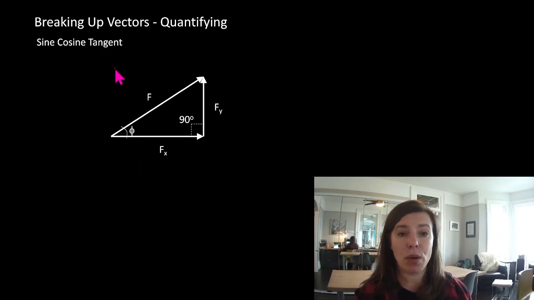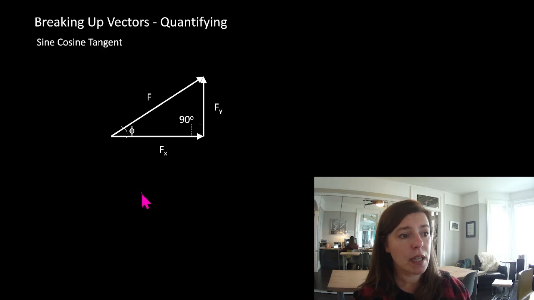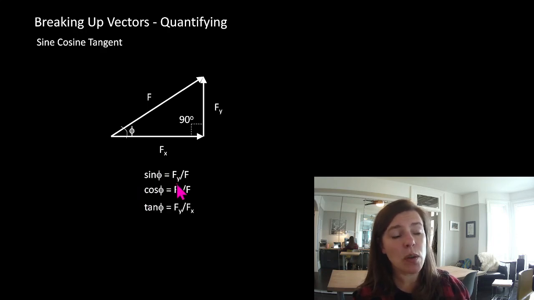So sine, cosine, tangent is really helpful for a right angle triangle. This is our opposite side, this is our adjacent side, and this is our hypotenuse. So let's take a look. Sine of the angle equals fy divided by f.